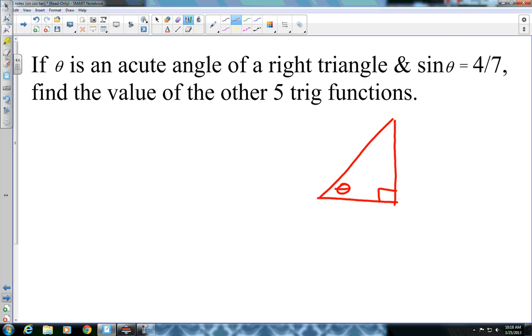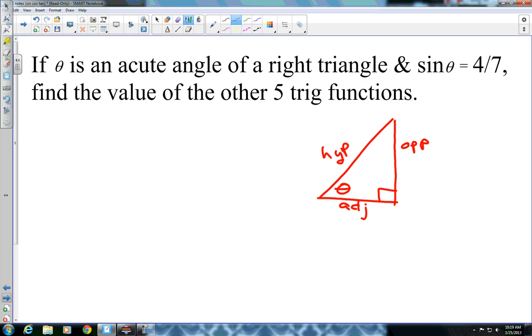Keep in mind, since you're drawing these blind, your triangle is probably not going to be drawn to scale, and that's okay. All you need to know is, if this is theta, then this would be the side opposite, this would be the side adjacent, and this would be the hypotenuse.